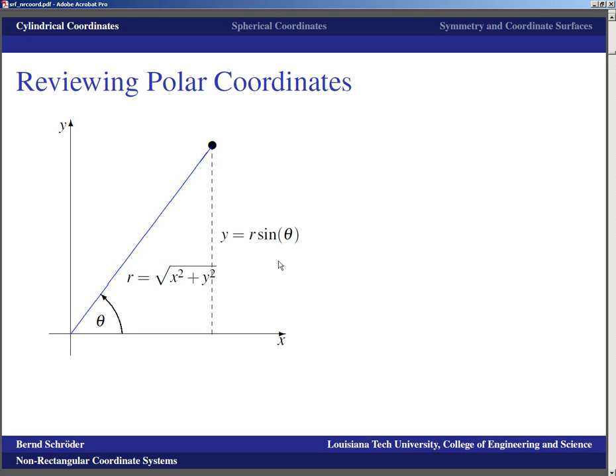And that corresponds to the rectangular coordinates, where y is r sine theta, because sine theta is y over r, and x is r cosine theta, because cosine theta is x over r. Okay, so the rectangular way of representing that point is equivalent to the polar way of representing that point, as long as we make sure we interpret the numbers correctly.